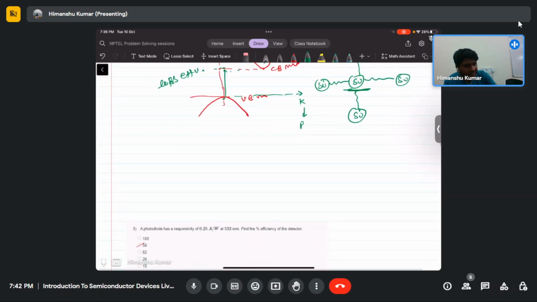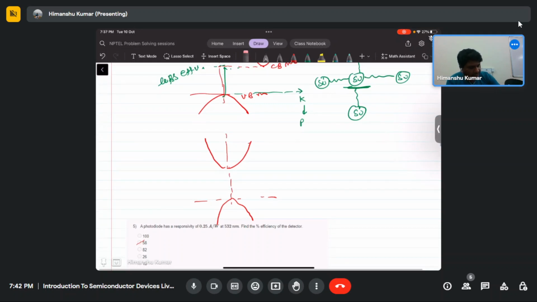In gallium arsenide, the band structure is like this. This is zero k, and the valence band maxima and conduction band minima fall in the same line.